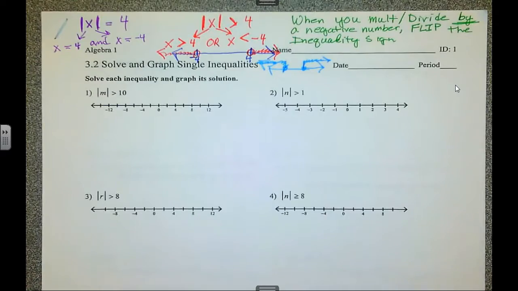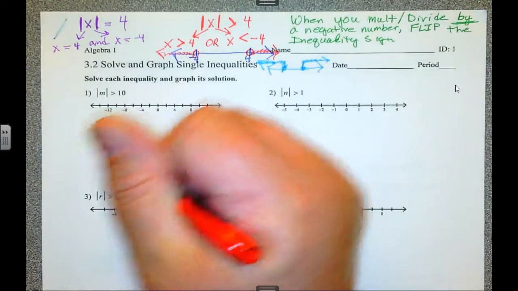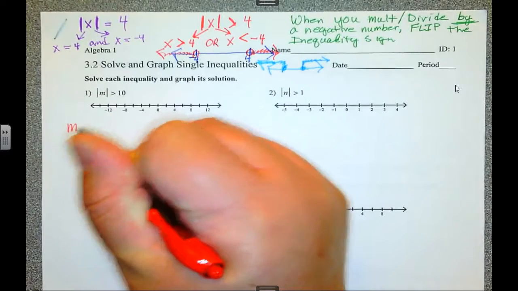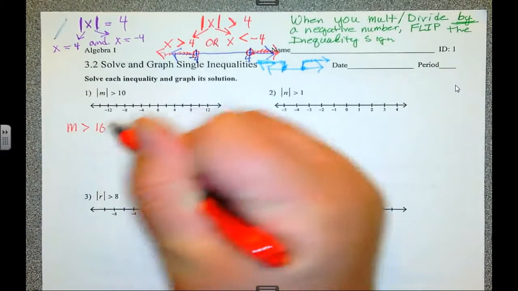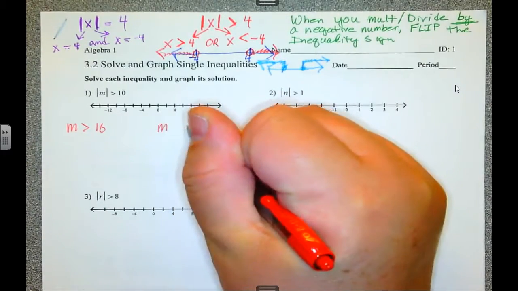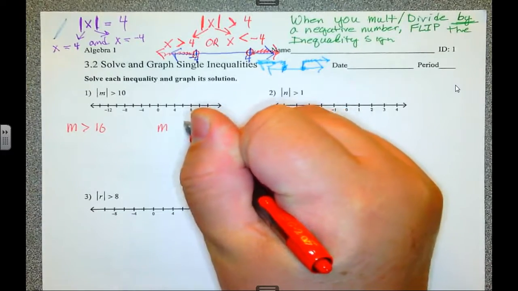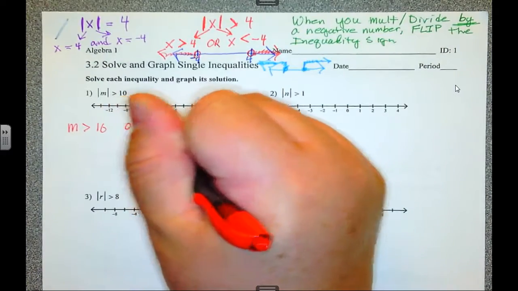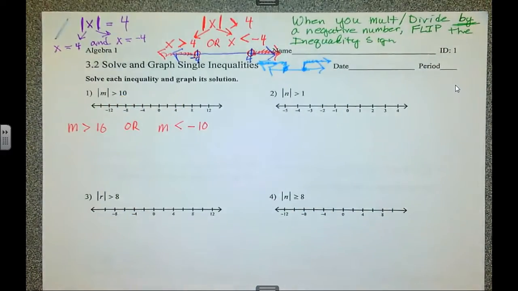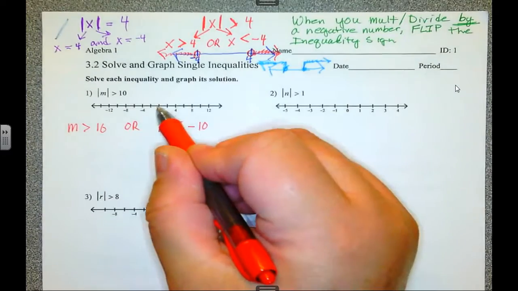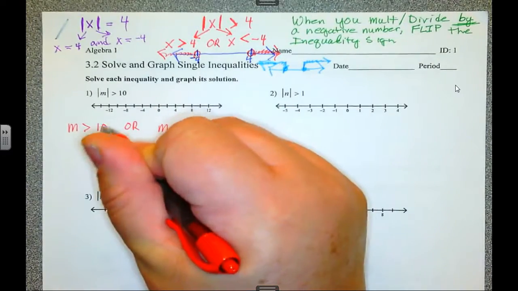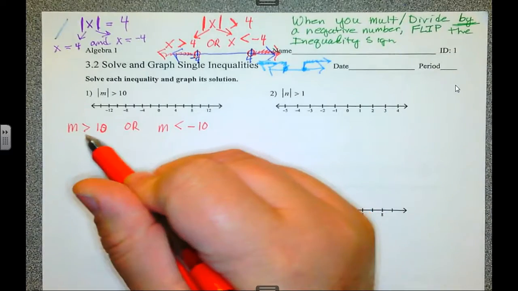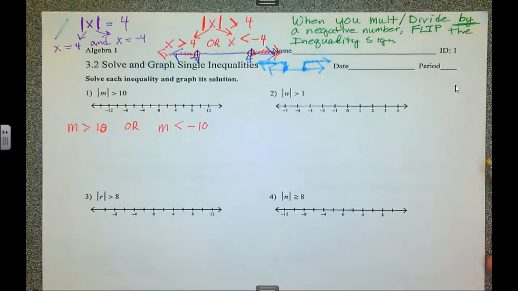Okay, what's my two cases for number 1? Yeah, m is going to be greater than 10. m is going to be less than negative 10. What goes in between? Or. Okay, well, they're going up by 2s. Okay, first of all, they're open circles because there's no equal sign.